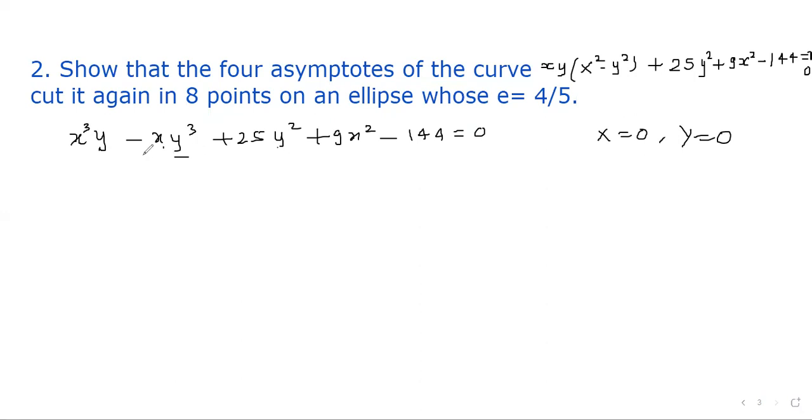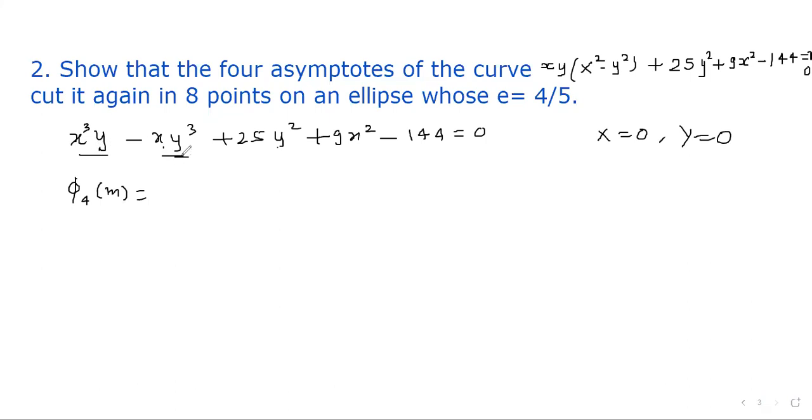For that purpose, we write φ₃(m), the third degree term, where we put x equal to 1 and y equal to m. So we will get m − m³. Sorry, here both degree terms are there. So let's first write φ₄(m).